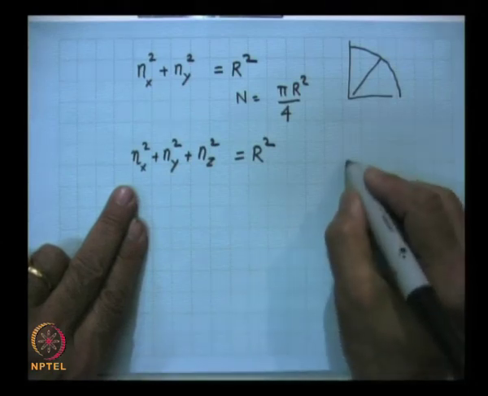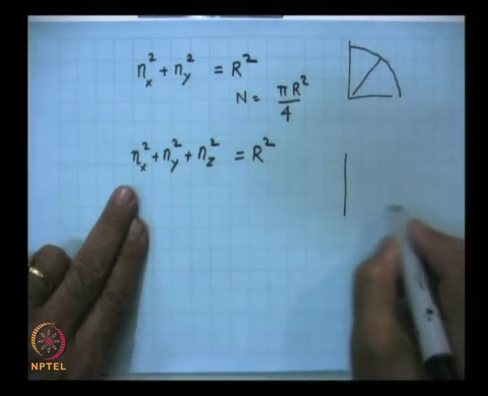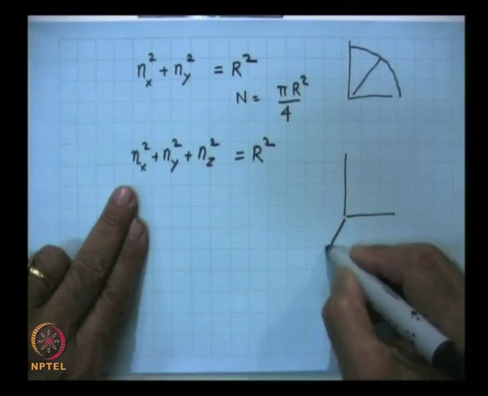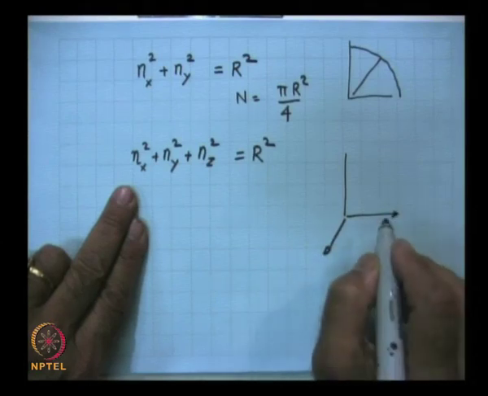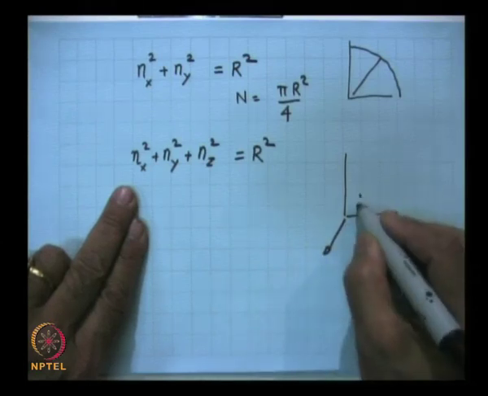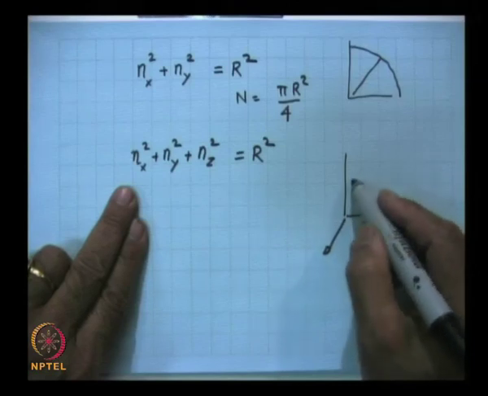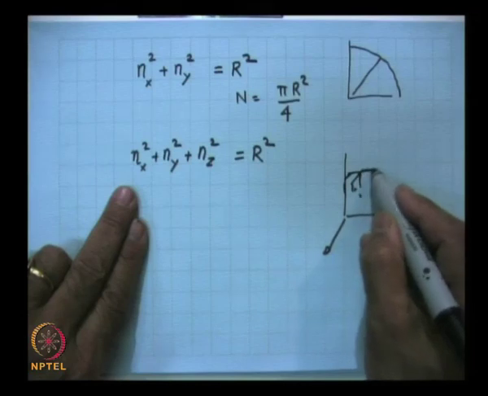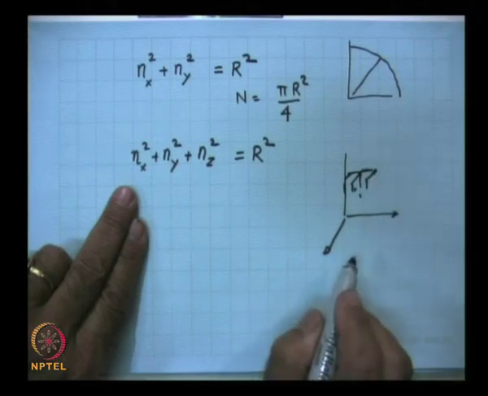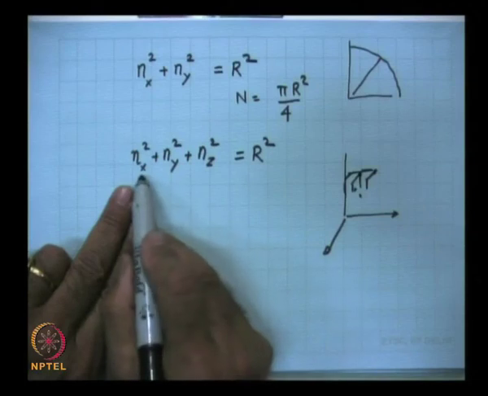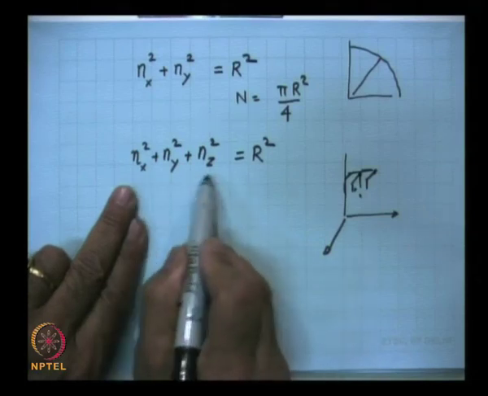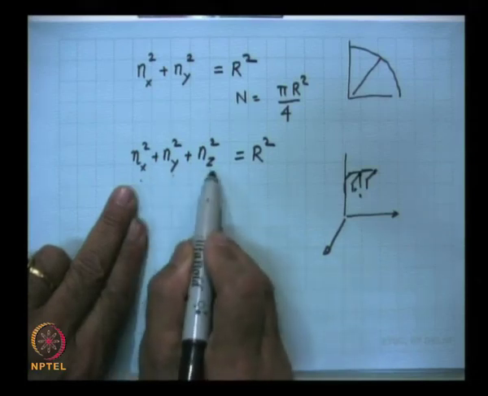So, I have to take a 3-dimensional space: nx, ny and nz, and on this we draw small cubes, and each corner will be a point that will correspond to an integer value of nx, ny and nz.